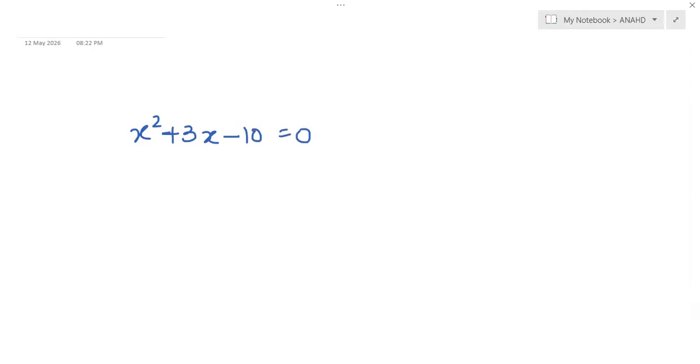There are three different ways that we will learn in this chapter. The very first is by factorization, but we will learn about all of this later. First understand: if I say that for this quadratic equation I somehow know that the roots are x is equal to 2 and x is equal to -5, what does that exactly mean?